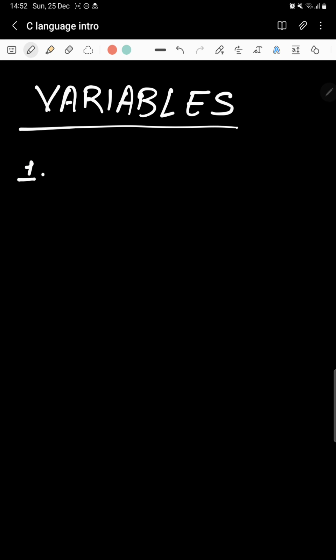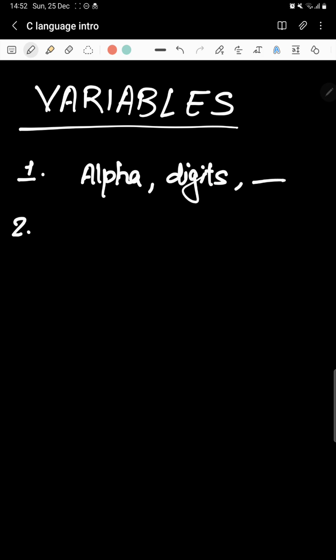Variable names can contain alphabets, digits, and underscores. Now for using the alphabet, digit and underscore, there are also some rules defined which specify the order in which they can be used.